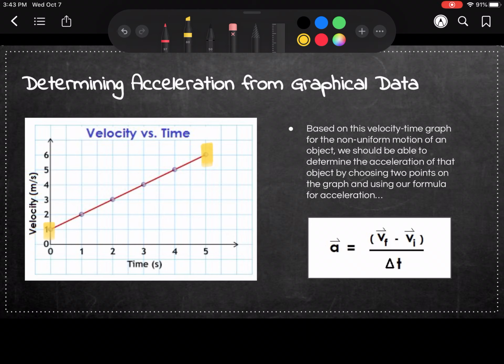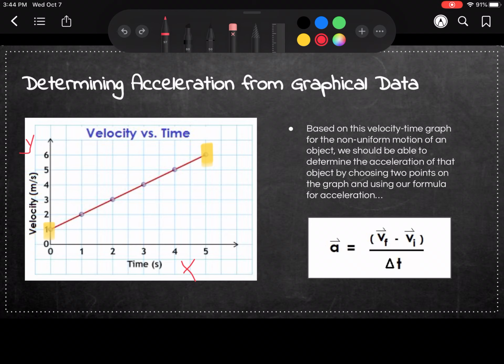Let's choose the first and last dot. So on our x-axis, that's this one, we've got our time. On our y-axis, we've got our velocity. So whatever we find out on the left side, that's going to go on the top of our equation. The time is going to go on the bottom of our equation.